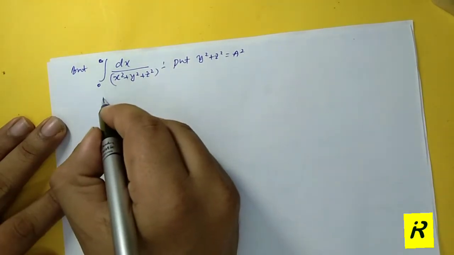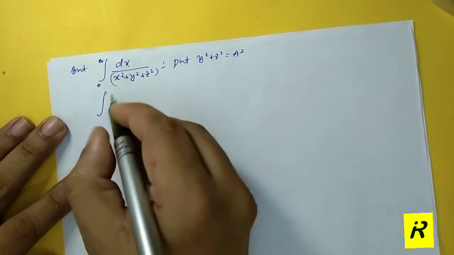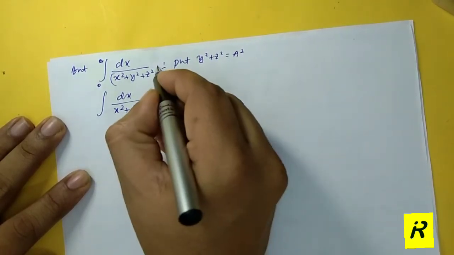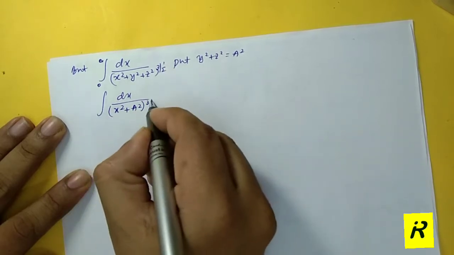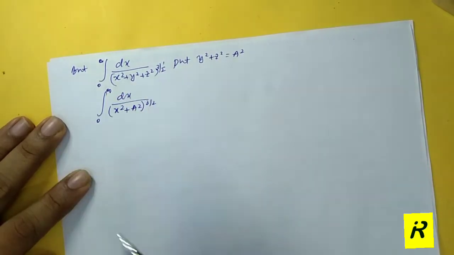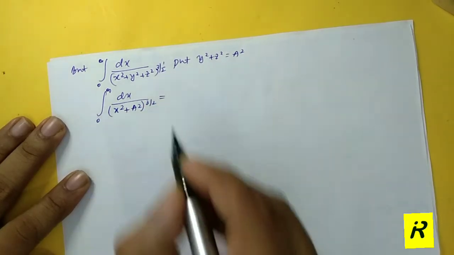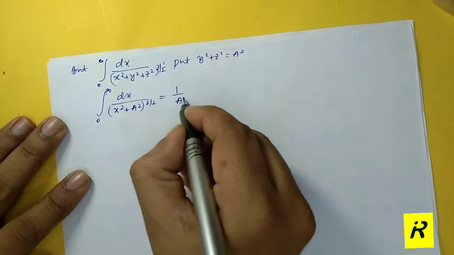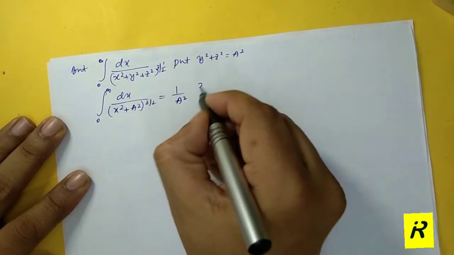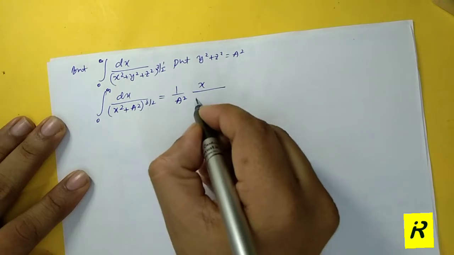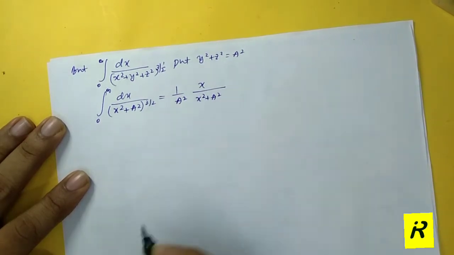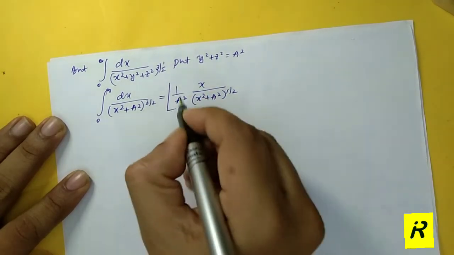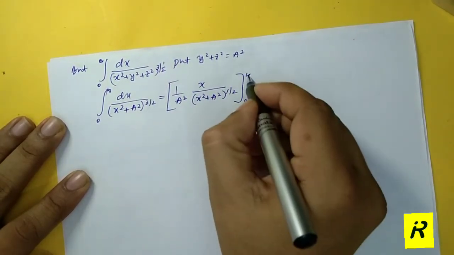So now on putting this substitution, this is dx divided by x square plus a square whole to the power 3 by 2 from 0 to infinity. This is equal to 1 divided by a square, x divided by x square plus a square whole to the power half in the denominator, and the limits are 0 to infinity.